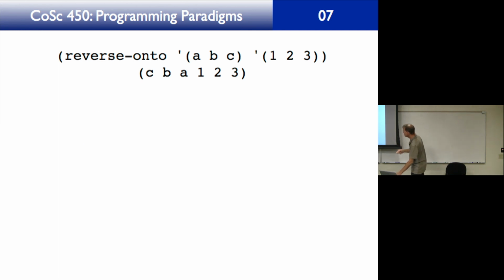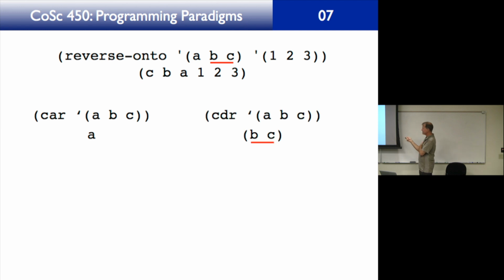Look. Now look. What's the car of A, B, C? A. And what's the cooter of A, B, C? B, C. So now, can you see what the next thing is?